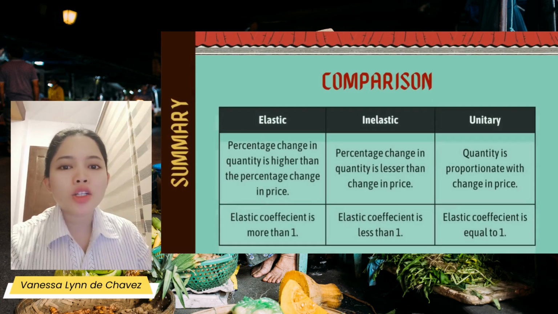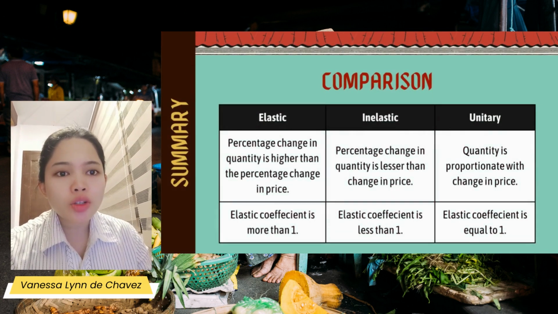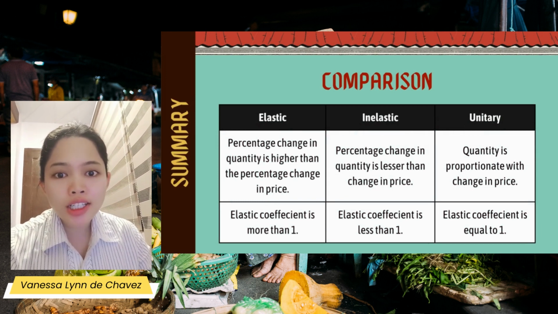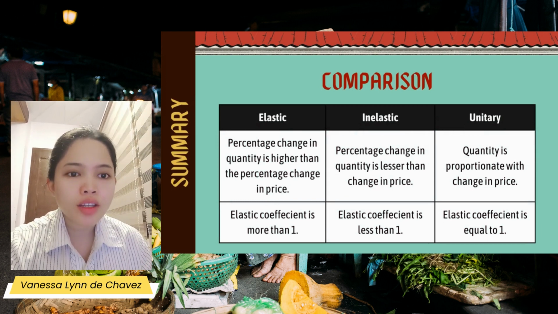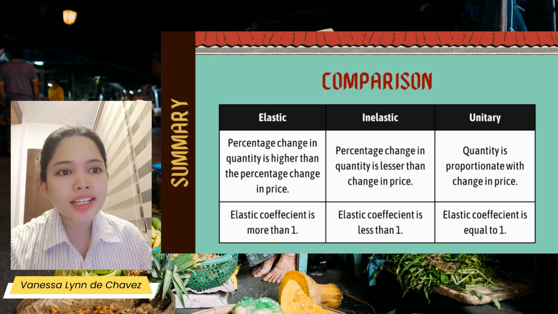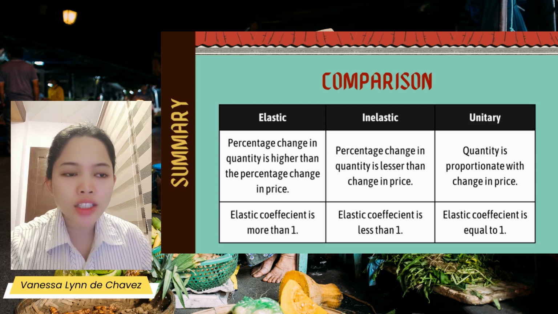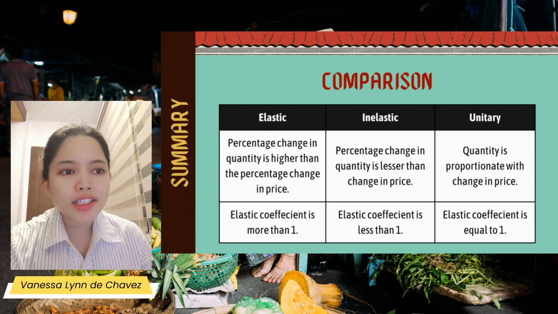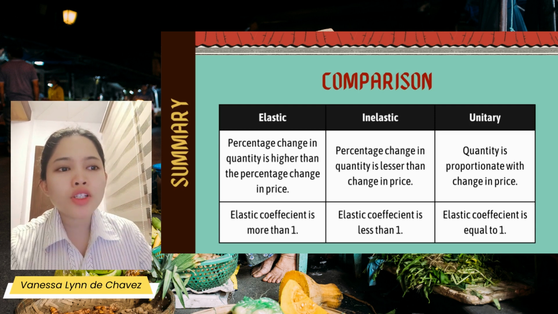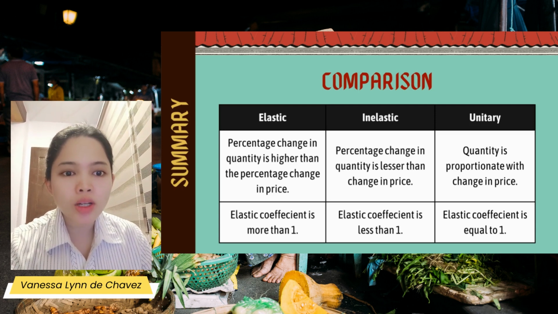In comparison, we can say that elastic is when the percentage change in quantity is higher than the percentage change in price. Its coefficient is more than 1, while inelastic is when the percentage change in quantity is lesser than the change in price, so its elasticity coefficient is less than 1. While unitary is when the quantity is proportionate with the change in price. Elasticity coefficient is equal to 1.